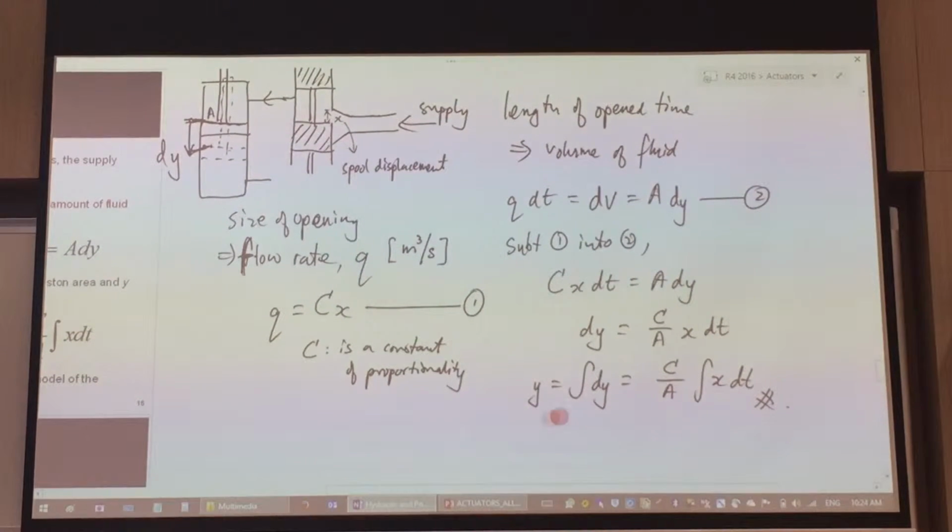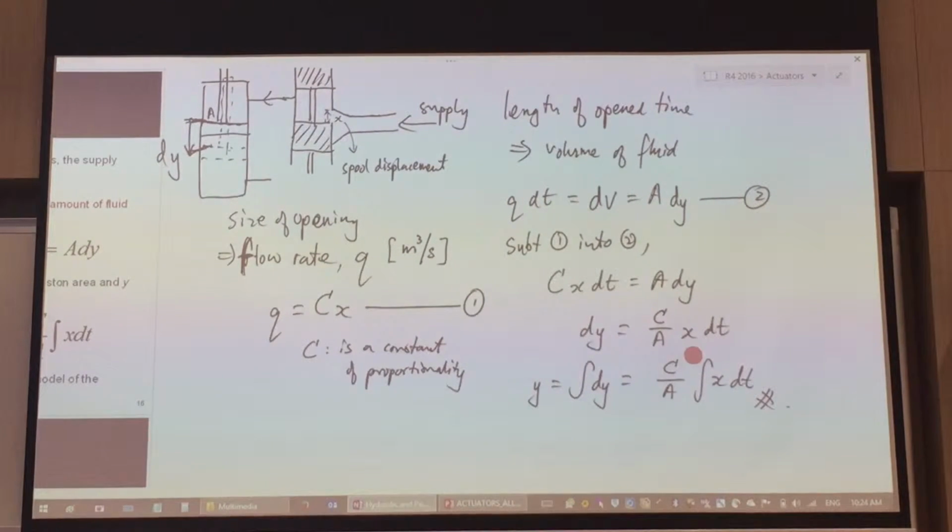So using this simple formulation, could you see how the piston is moved down? That relationship. This y is how much the piston is going to move down. It has this relationship compared to your x value.